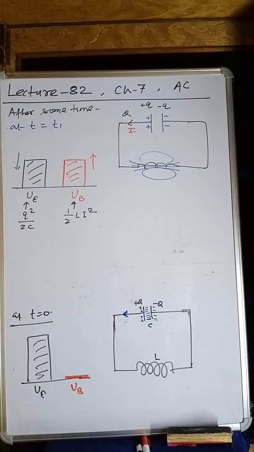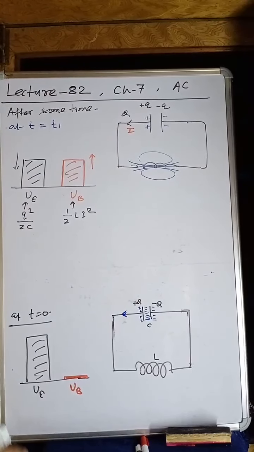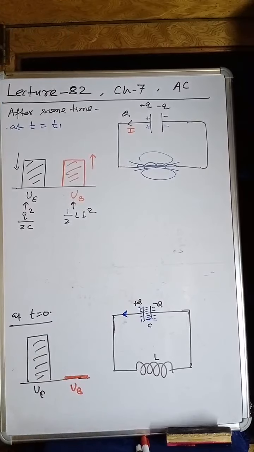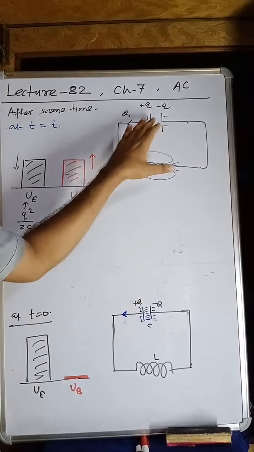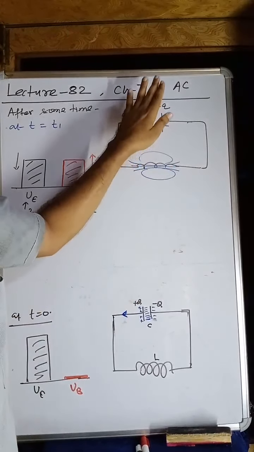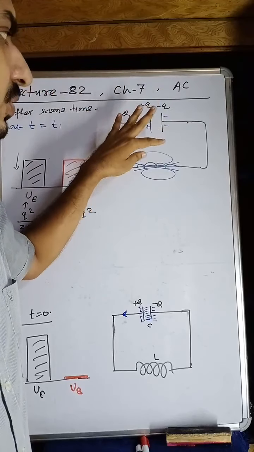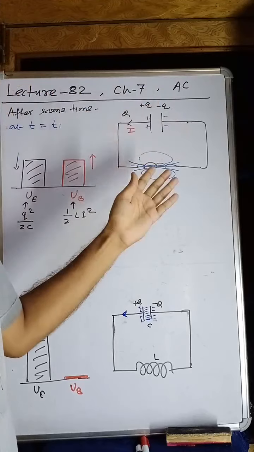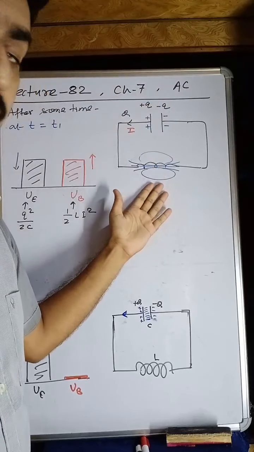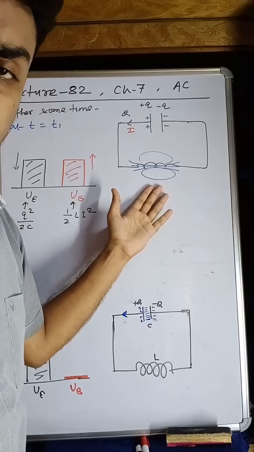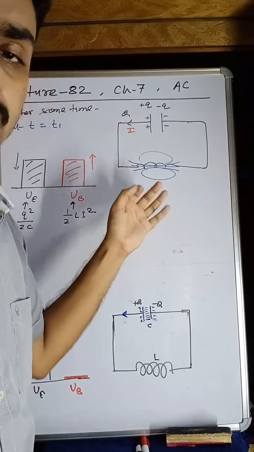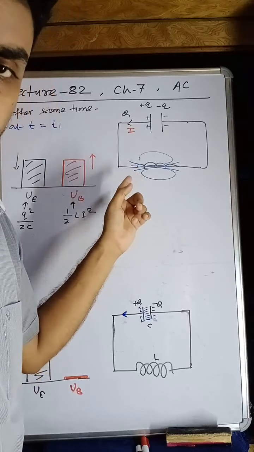What will happen after some time? If we allow the charge to move further, then the charge completely vanishes from the capacitor. Remember, since the charge is discharging rapidly, there is an increase in current, and this increase in current is opposed by the inductor, as we have studied already.